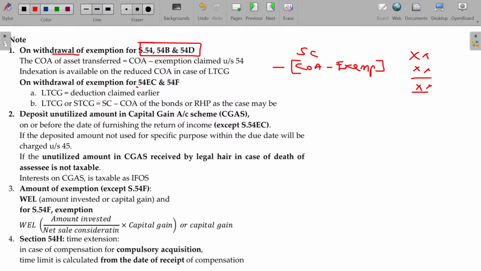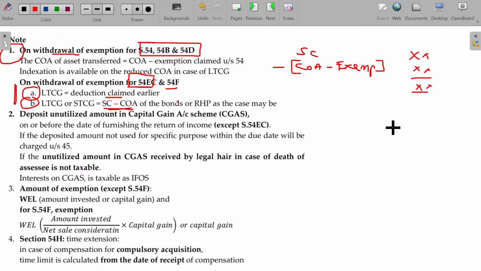In case of EC and F, the calculation may be pretty different. In case of EC, the deduction claimed will be considered as long-term capital gain. And sale consideration minus cost of acquisition of the bond will be considered as long-term capital gain. Two calculations will be there. So we have done this one also.